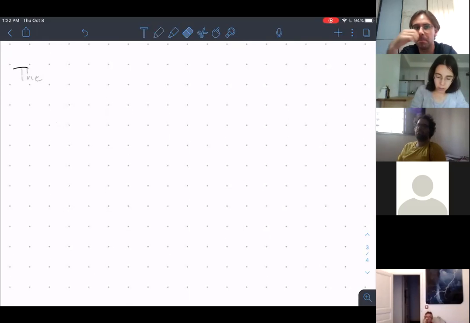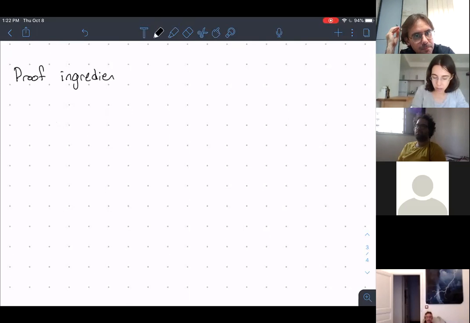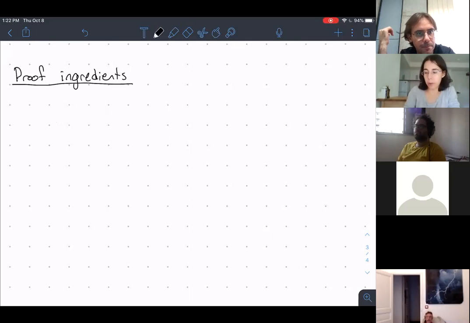Or maybe I should call this section proof ingredients. I don't prove all that much really new about perfect difference sets.